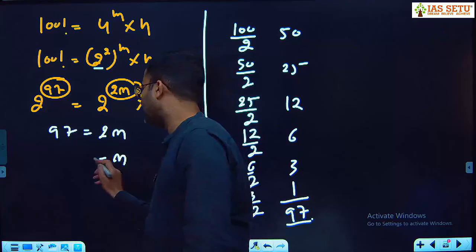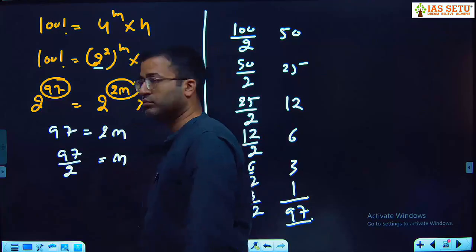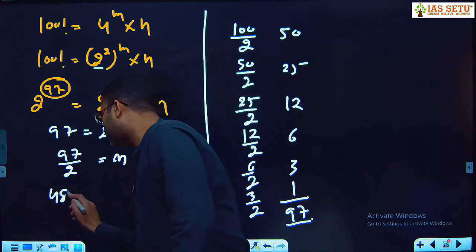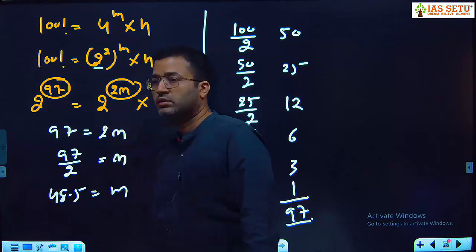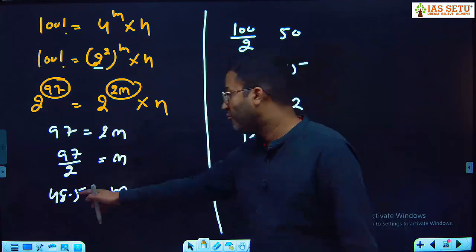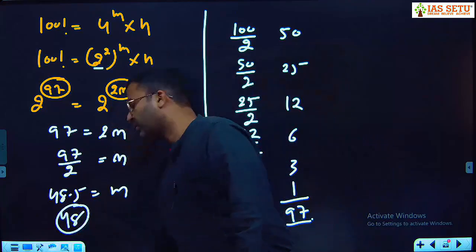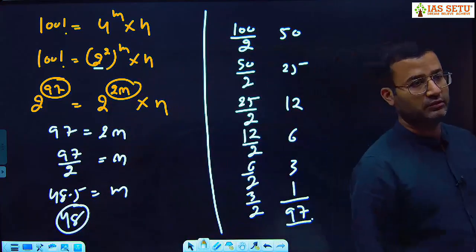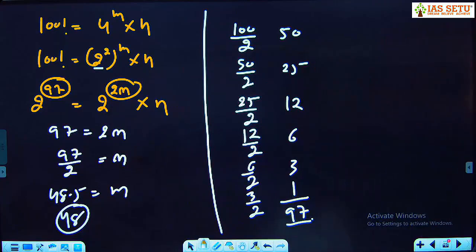What is m? 97 divided by 2, 48.5. आधा किसी के काम का नहीं. ठीक है, 48. You take the complete value. So the maximum value of m here is 48. Decimal से ऊपर वाली value you have to ignore.